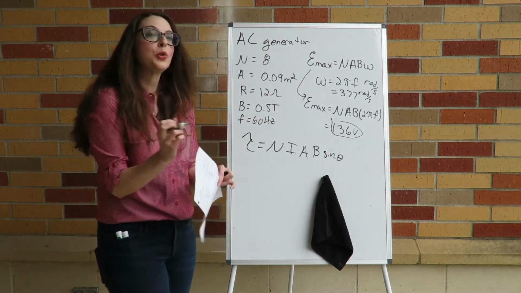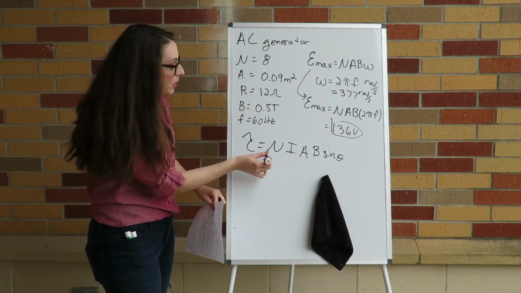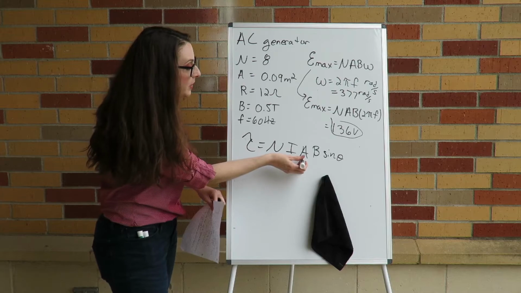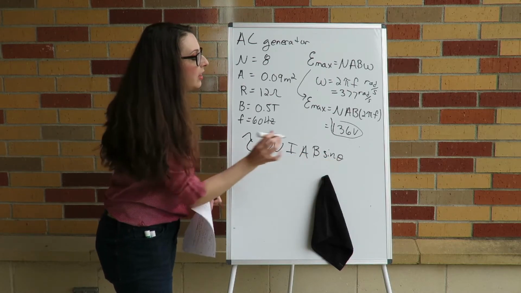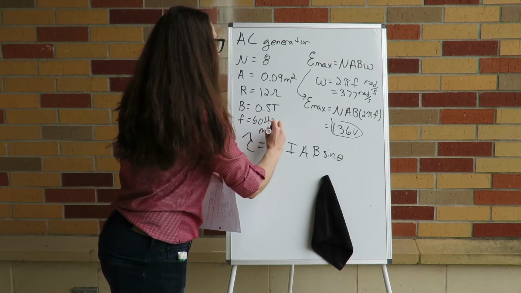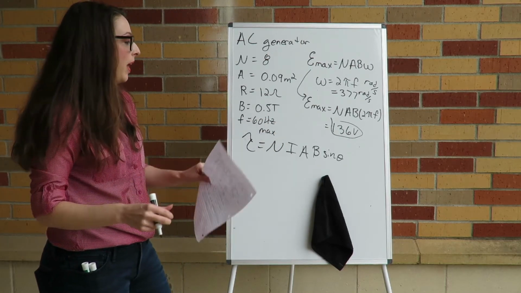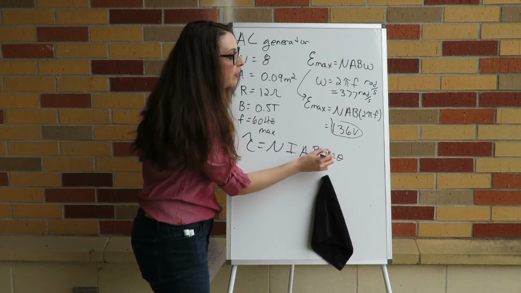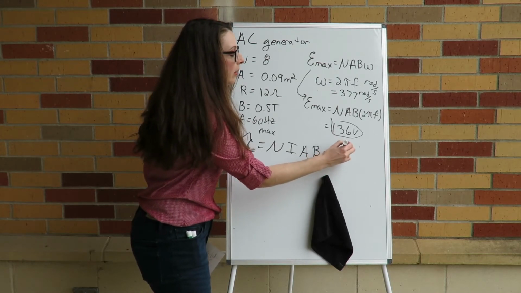So the torque that we require is equal to the number of turns times the current times the area times the magnetic field times sine theta. If we're looking for the maximum torque that we need to apply, then the maximum torque happens when sine theta is equal to 1, right?